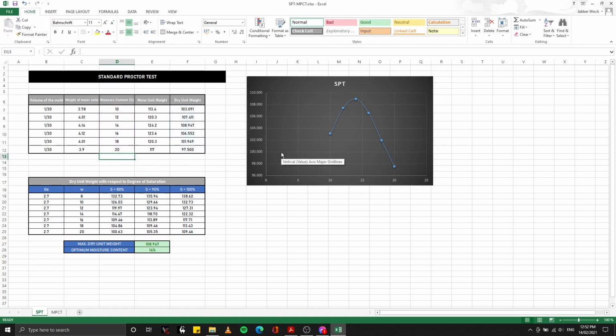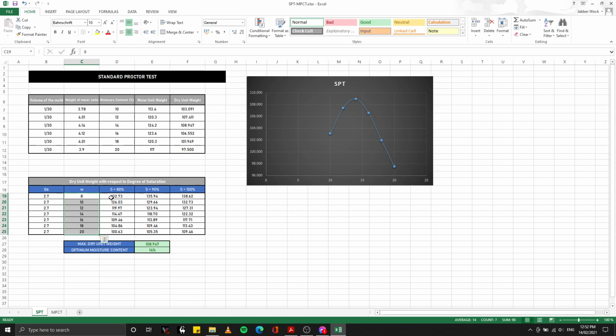Okay? So, next, ang ipa-plot natin is ang dry unit weight with respect to the degree of saturation. Okay, since the same rin ang process natin sa ginawa natin kanina, ang magva-vary lang is ang Y values. Ang X values natin would remain the same, which would be the moisture content. Ang Y values natin will change.